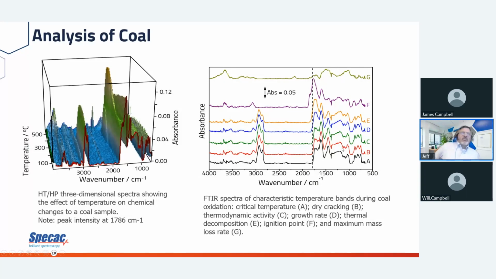And you can see a growth rate of the peak that was here. It's a little hard to see in this. I wish I had this blown up better. And then you get to the point here where it starts to ignite and burns, and then there's a big change from here to the ignition point here, and then after it burns, everything goes away.